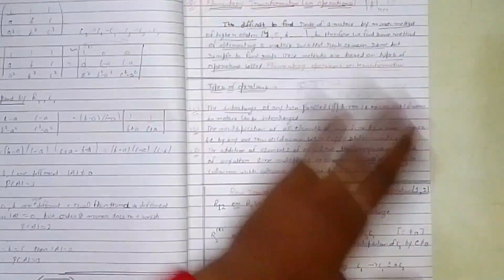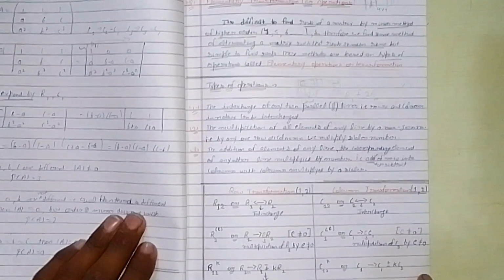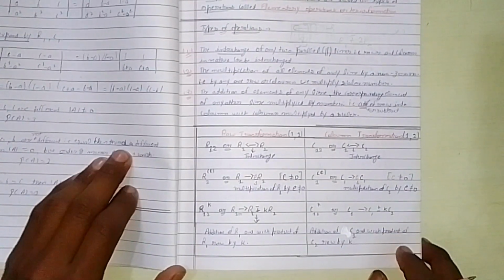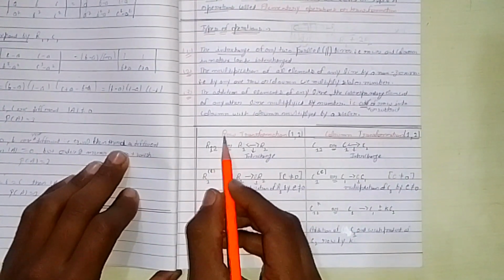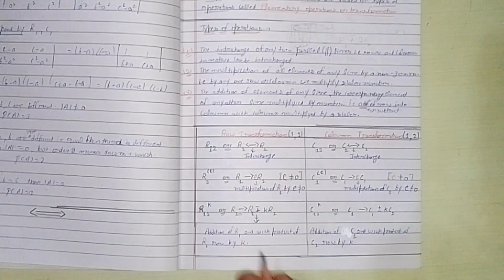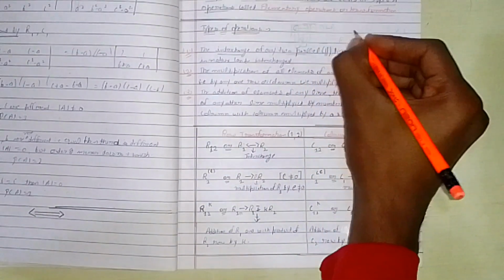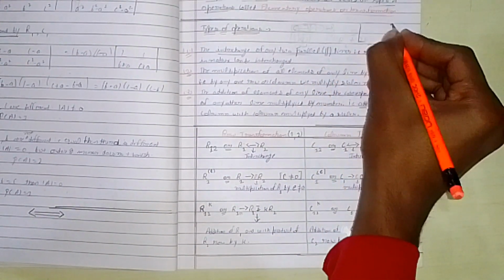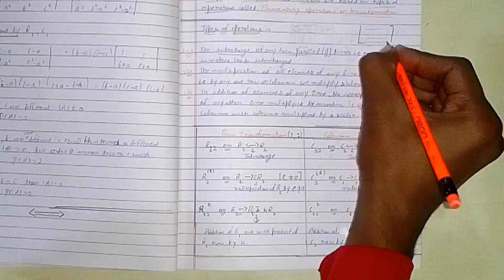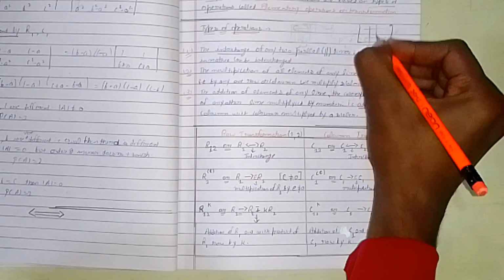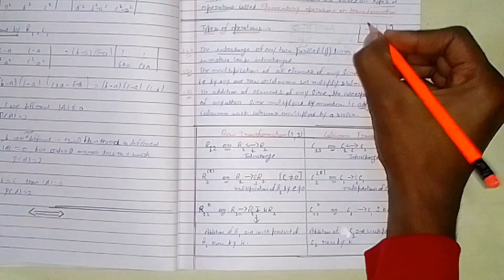Next, there are 2 types of transformation. First is row transformation, second is column transformation. Why do we have to know what is a row and what is a column? You know the rows in a matrix, these are your rows, and columns are these, you know it already.